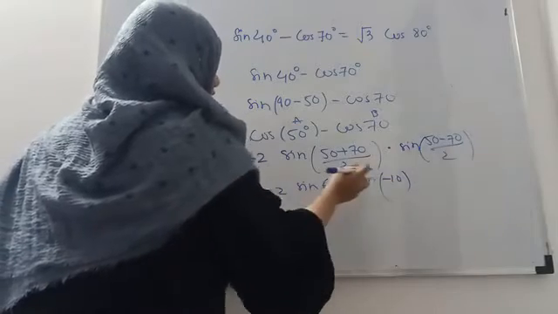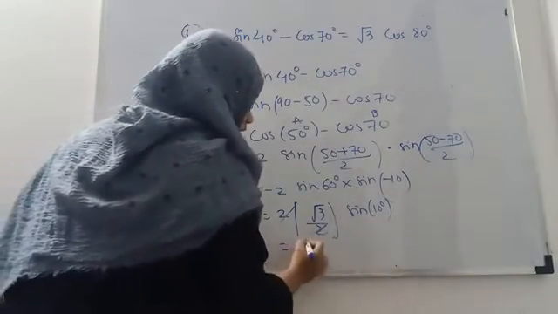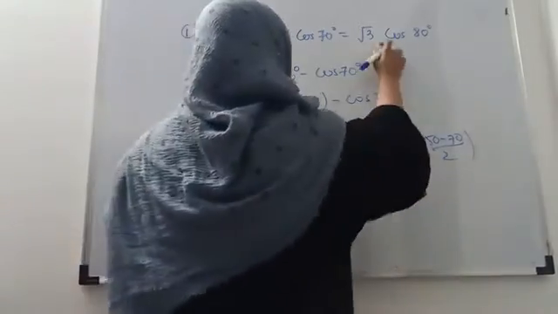If this minus sign comes out, it will be plus 2 times sin 60, and sin 60 is root 3 upon 2, into sin 10. So this 2 and this 2 will get cancelled, leaving root 3 sin 10. Now here we want cos 80.